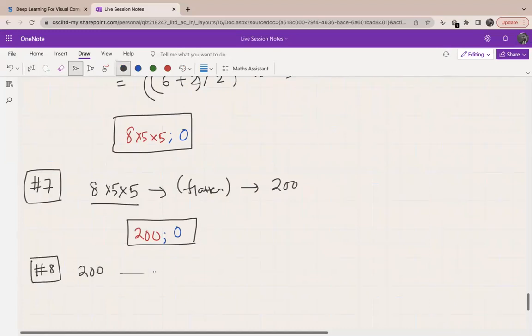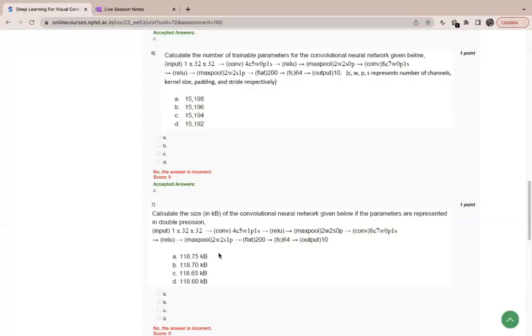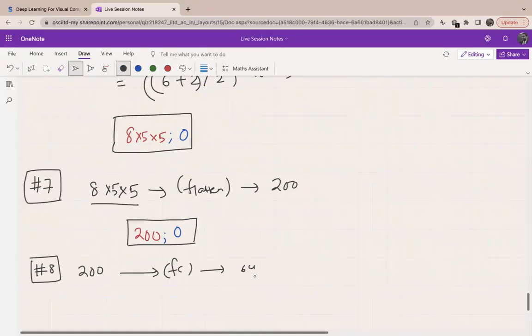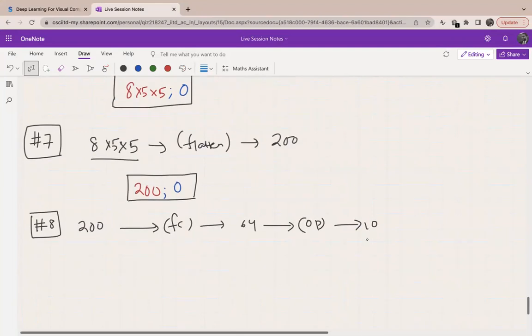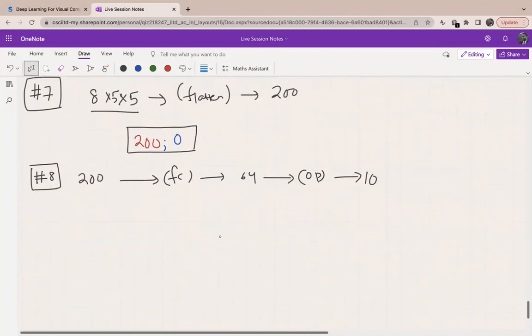Then we have an FC layer with 200 inputs connected to 64, and then the 64 is connected to the output of 10. I'll calculate it the way we calculated earlier.